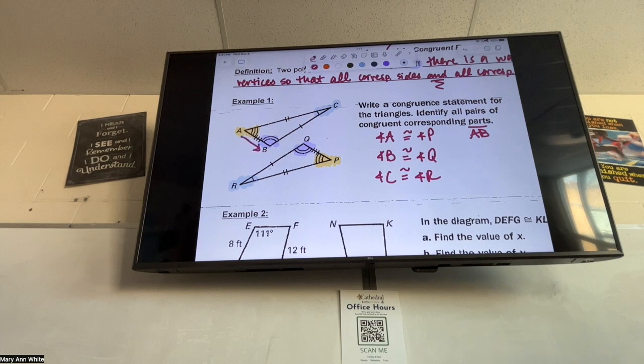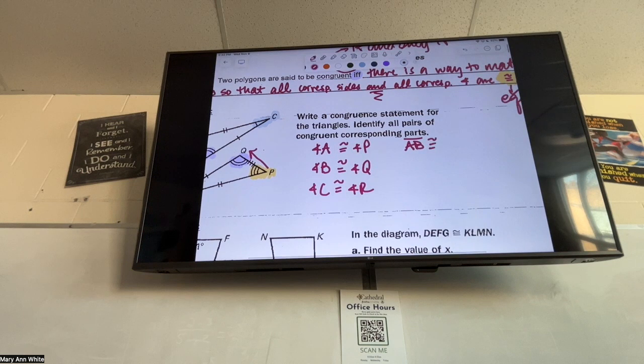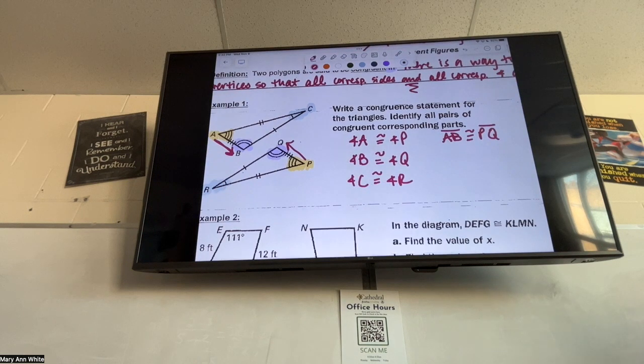Because A has 3, and so P has 3. Good. We have to make sure when we do the sides that the angles are in the right spot. If we went from A to B, we have to go from P because that's congruent to A to Q because that's congruent to B. So AB is congruent to PQ. Notice that I've got little hats on them because they're all congruent.